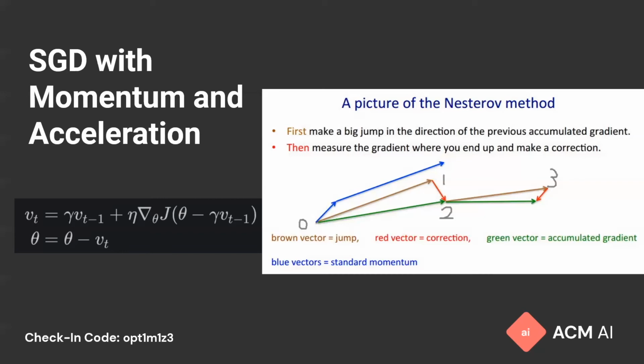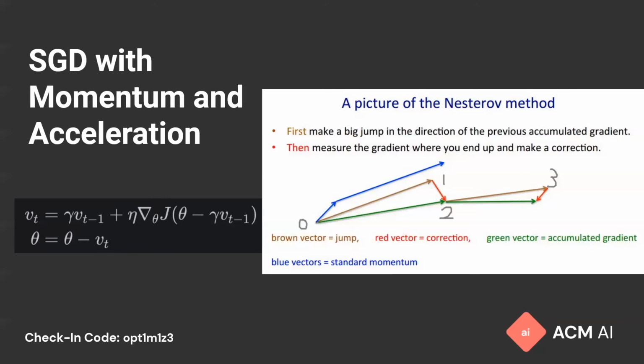For the Nesterov acceleration method, it's a different concept. In the previous one, we take the previous gradient, scale it by some value, and then add it to the gradient update.